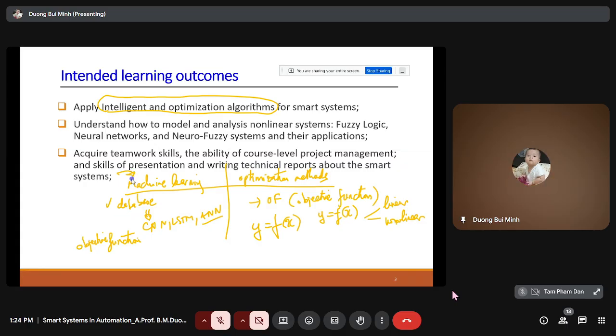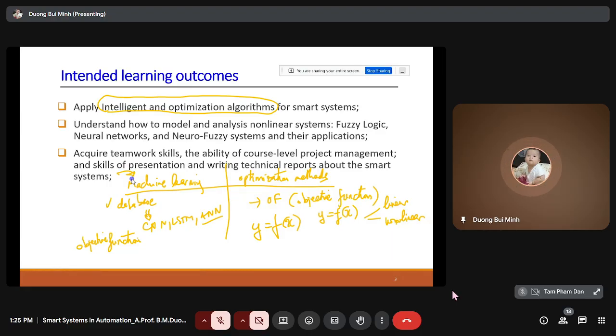For example, a boy likes a girl, and he doesn't know whether she will accept his love or not. You cannot make the function because we don't know how to make the love function.